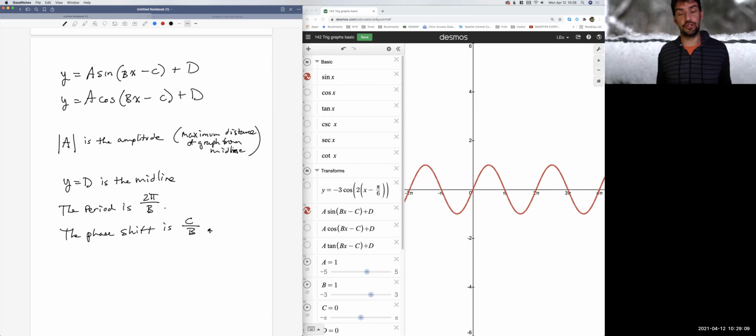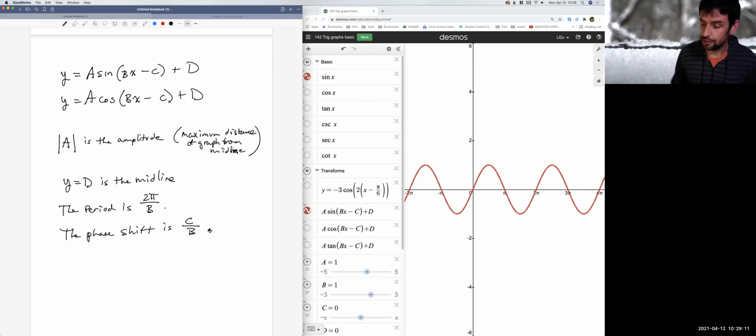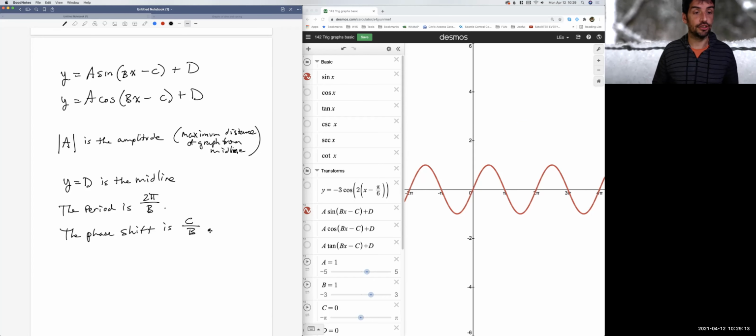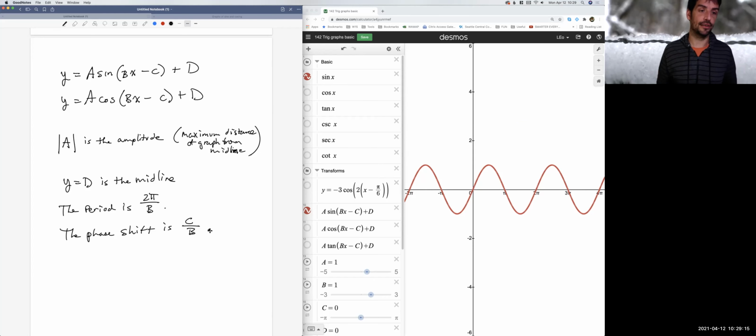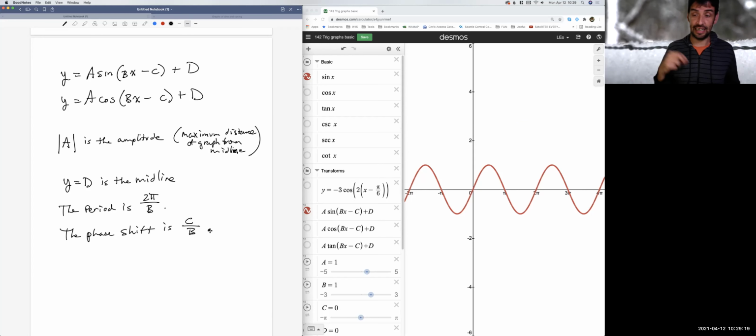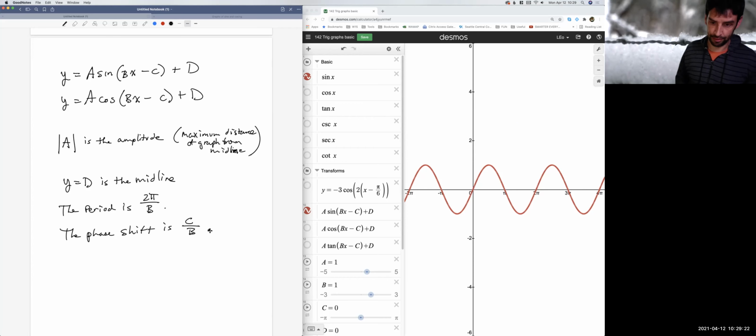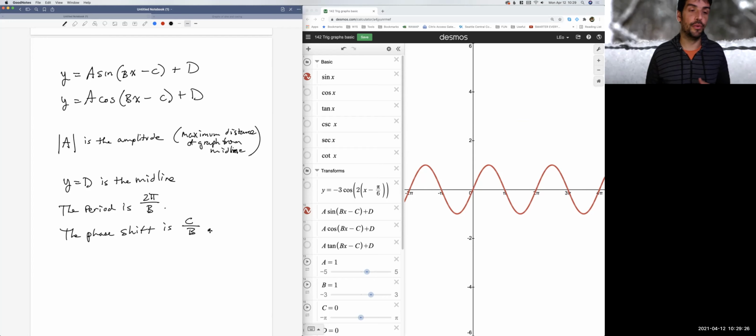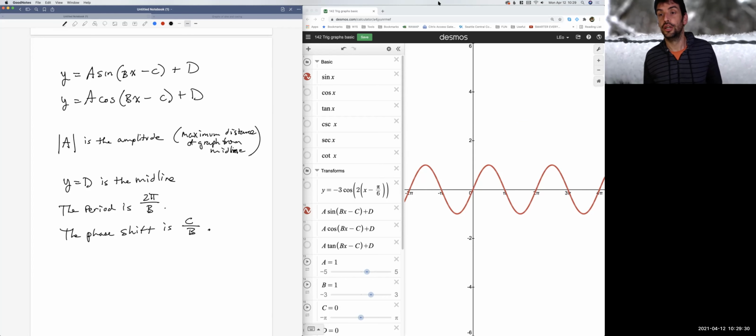But certainly when you're done with that, in the beginning when you're learning these, plug in some points and just see if they match, right? Anybody can put in a value for x, compute it, use a calculator, multiply by whatever a is, add d, and see what the output is, and see if that point lands on the graph that you sketched. And that will go a long way into helping us understand why these things do what it is they do.